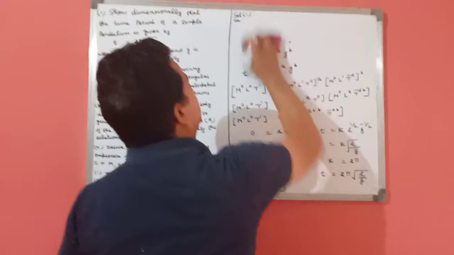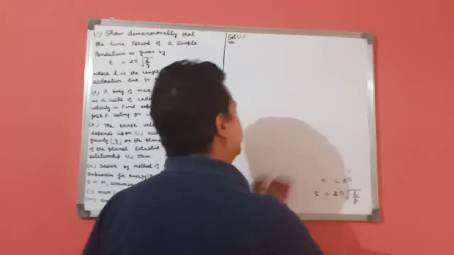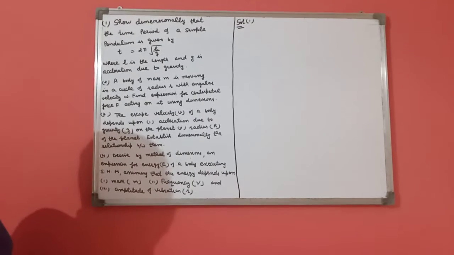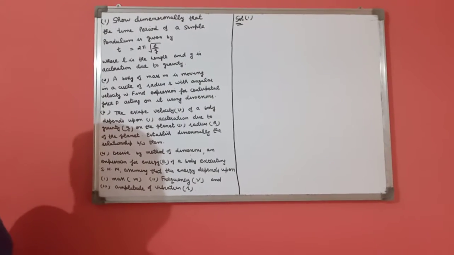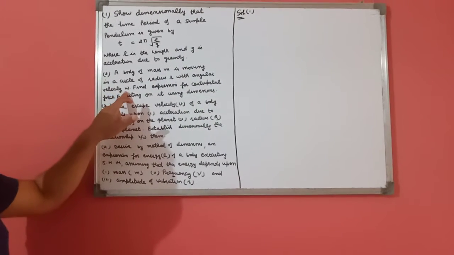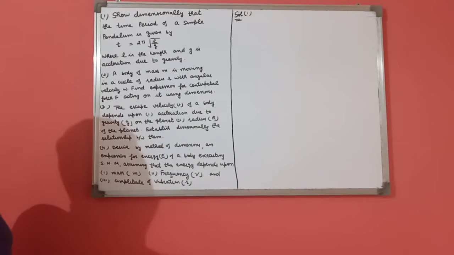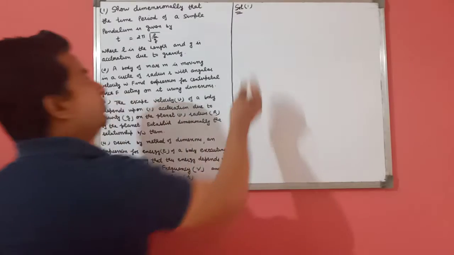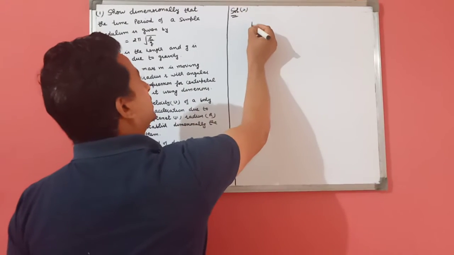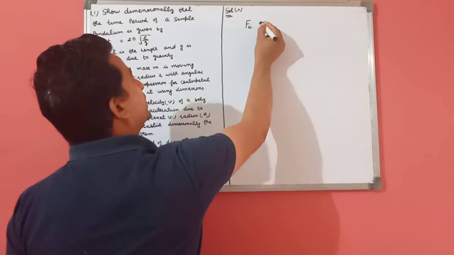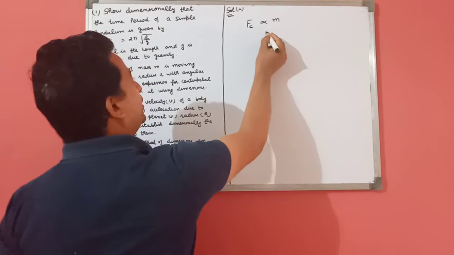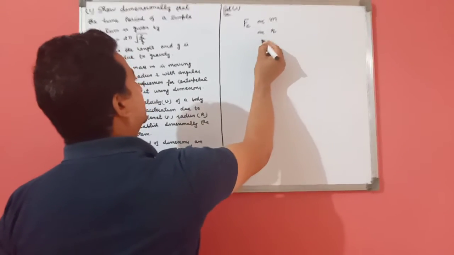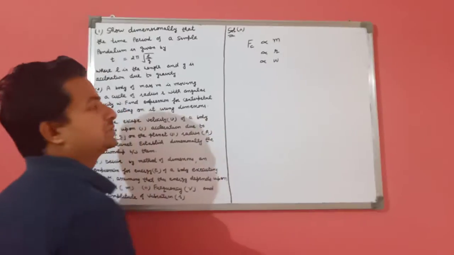In question number two, the statement is: a body of mass m is moving in a circle of radius r with angular velocity omega. Find an expression for the centripetal force acting on it using dimensions. From the definition, we know that the centripetal force first depends on the mass of the body, second on the radius, third on the angular velocity.